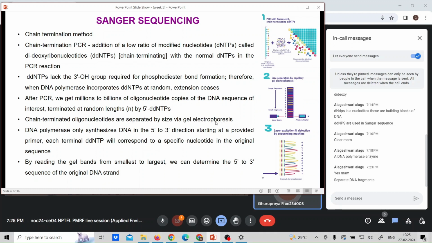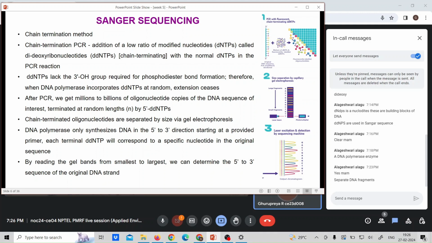When we are allowing them to move, this gel is kind of a matrix. We have agarose gel electrophoresis, for example. In that one, we give a gel matrix which is kind of porous. So through those spaces or pores only our DNA is going to move.